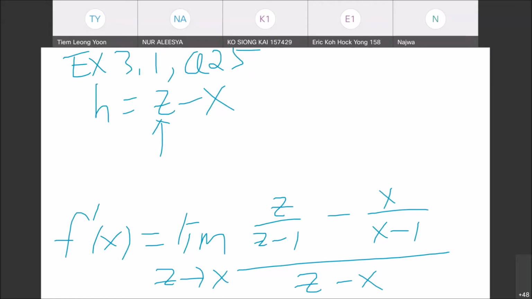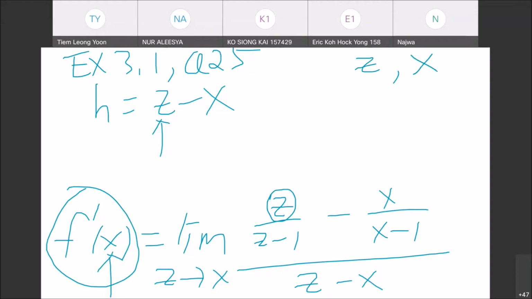Okay, so let me explain again. When you look at these expressions for f prime of x, here x is supposed to be fixed, and z is supposed to be varying. So z is a variable that is changing, whereas x is fixed because you're going to evaluate the derivative of the function at a fixed x.